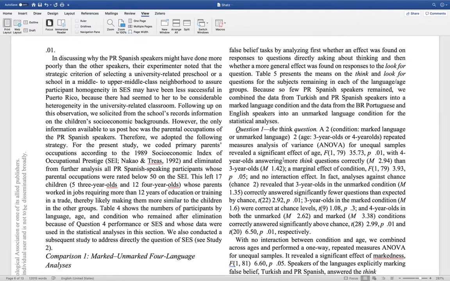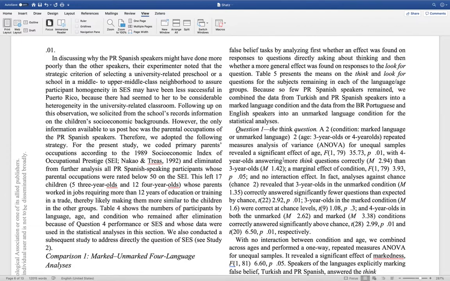There's basically this whole index made from 1989 that codes the SES of parents' occupational prestige, and then they eliminated from further analysis all PR Spanish-speaking participants whose parental occupations were rated below 50% on this task. This left 17 children whose parents worked in jobs requiring more than 12 years of education or training in a trade, thereby likely making them more similar to the children in the other groups.